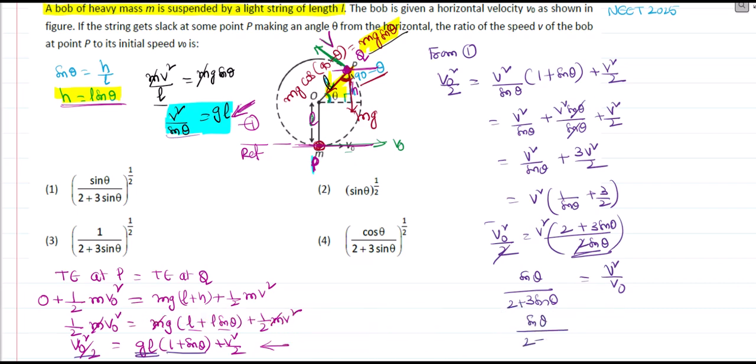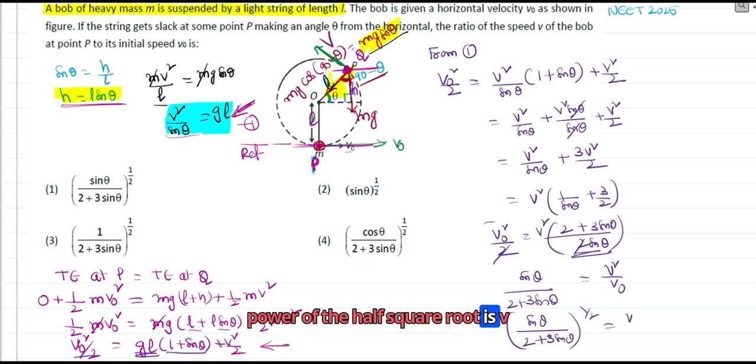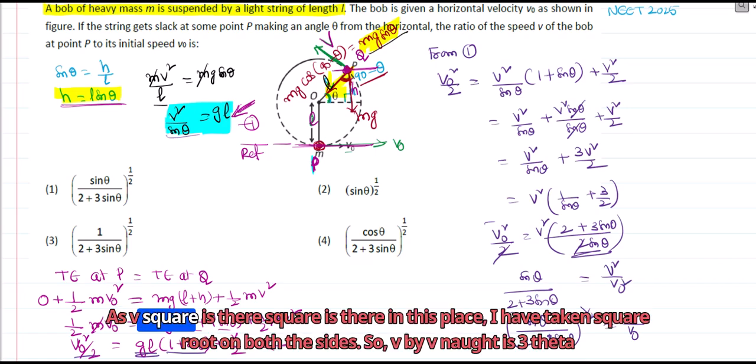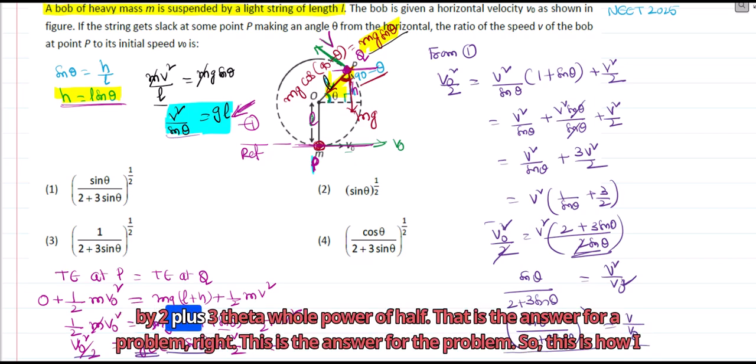Sin theta by 2 plus 3 sin theta, whole power of half, is V by V0. As V square is there in this place also, I have taken square root on both the sides. So V by V0 is sin theta by 2 plus 3 sin theta, whole power of half. That's the answer for our problem, right? This is the answer for the problem.